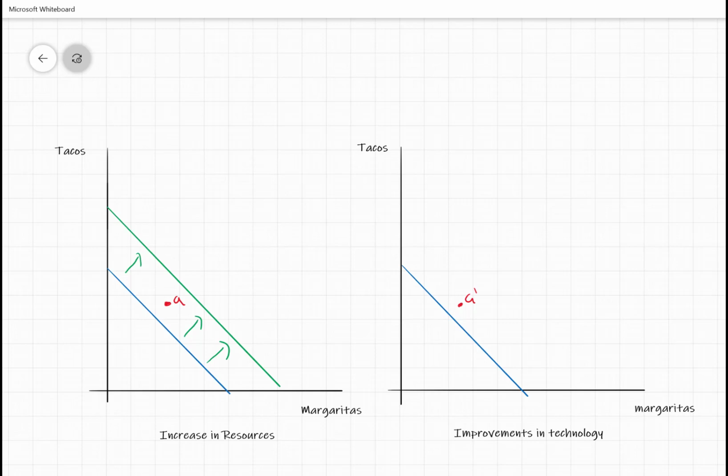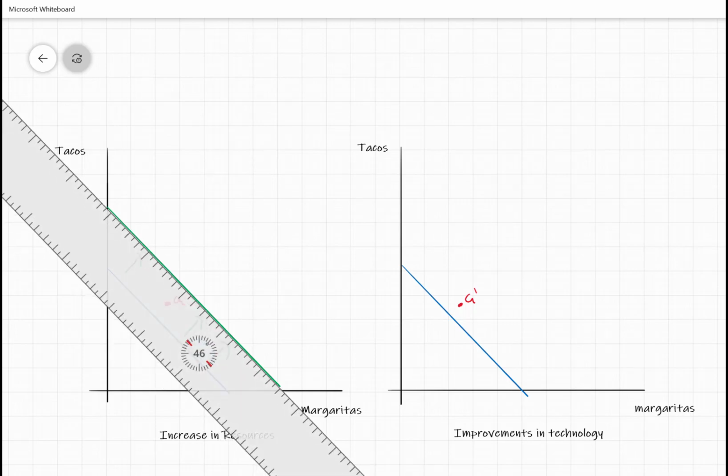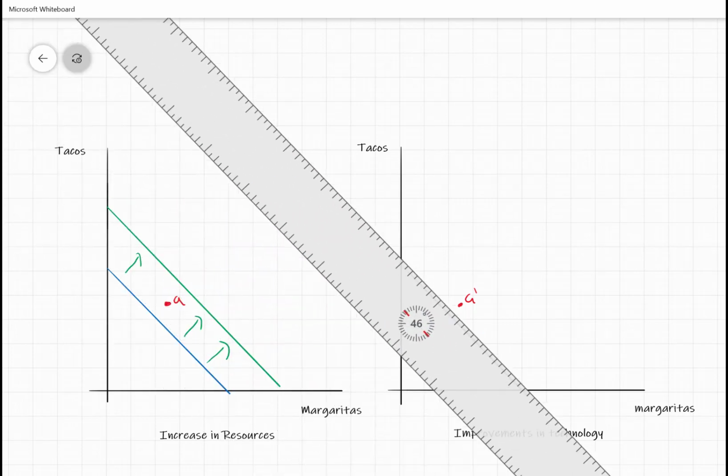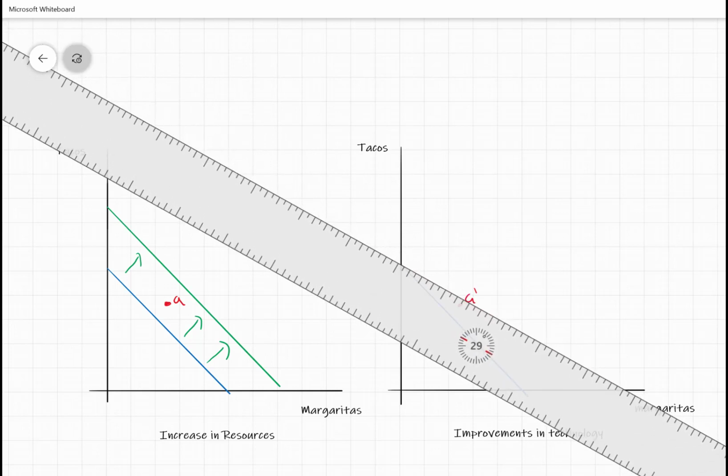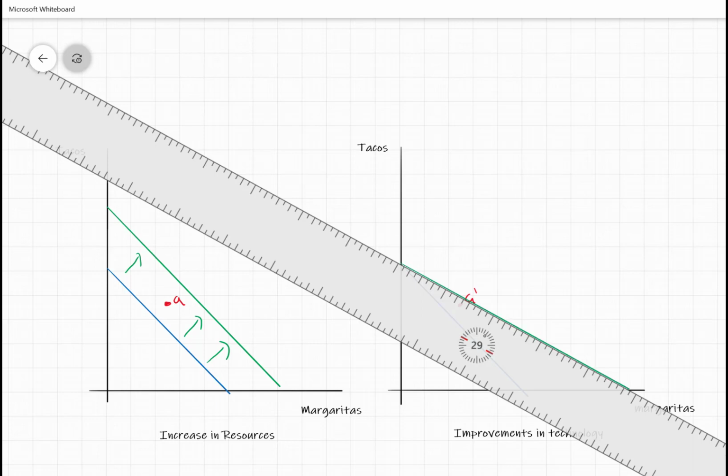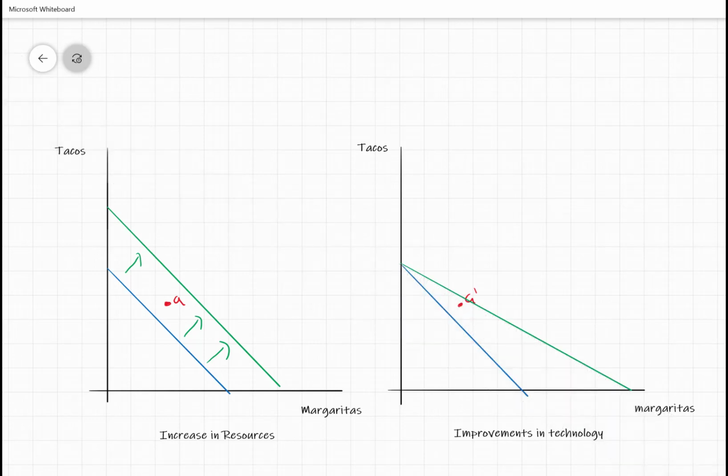Say we found a better way of producing margaritas, so our technology has improved in the production of margaritas. If I move this ruler over here, say there's a big improvement in the technology of the production of margaritas, all of a sudden the production possibility boundary kinks out.